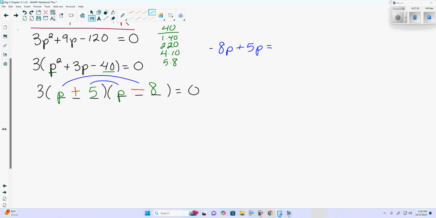Negative 8p plus 5p is negative 3p. That is the middle term we wanted, yes? Well, yes and no. It is the correct number but wrong sign. Since we do have the correct number but wrong sign, we just need to flip the signs. Which if we check it again, we would have positive 8p minus 5p is positive 3p.